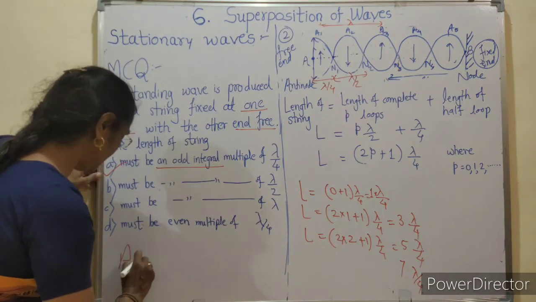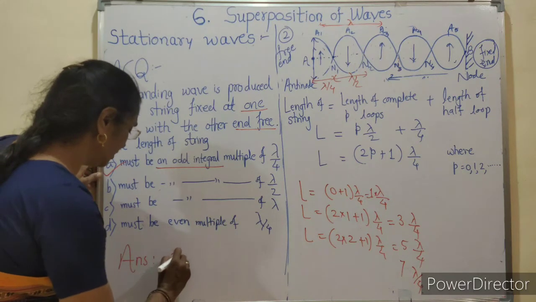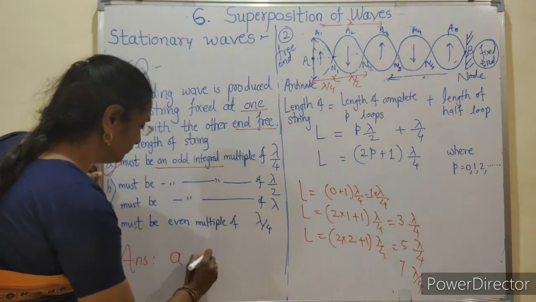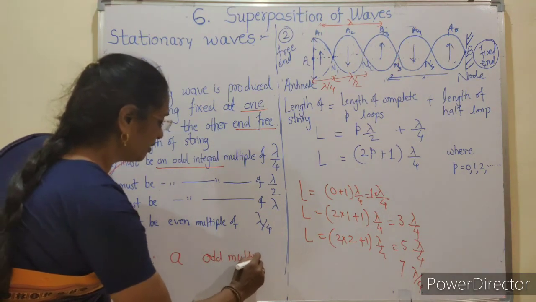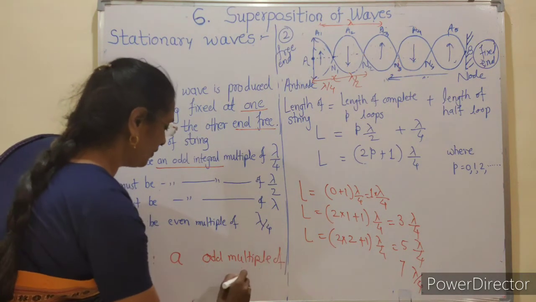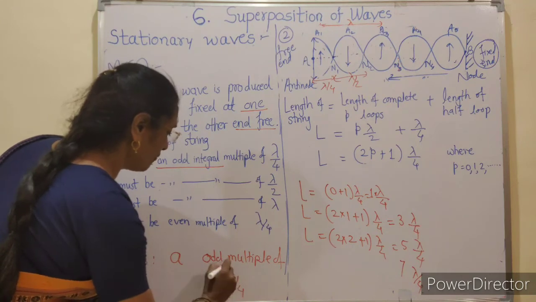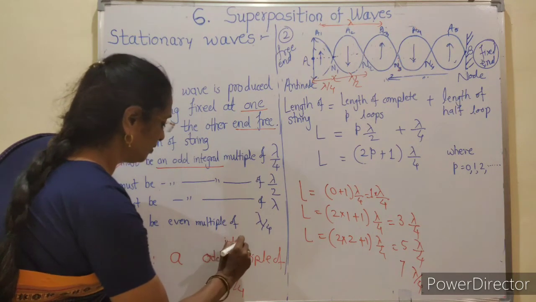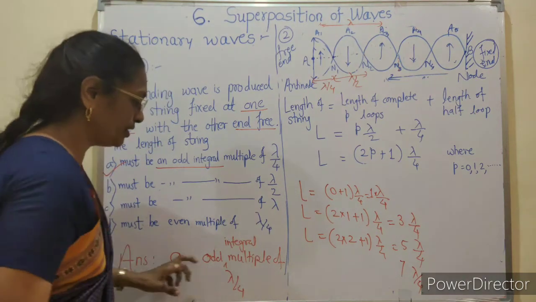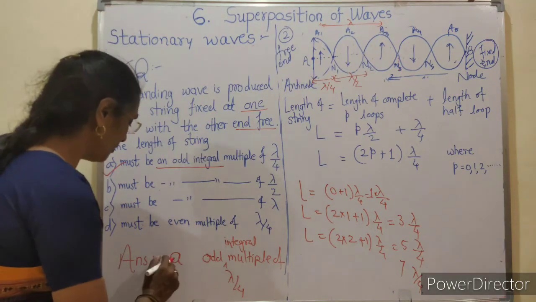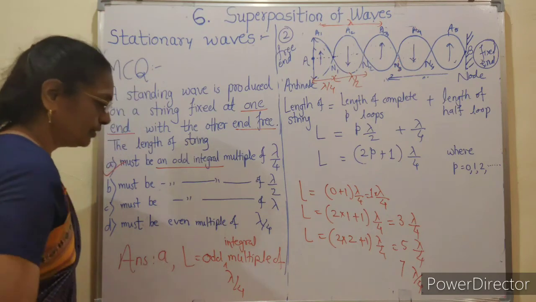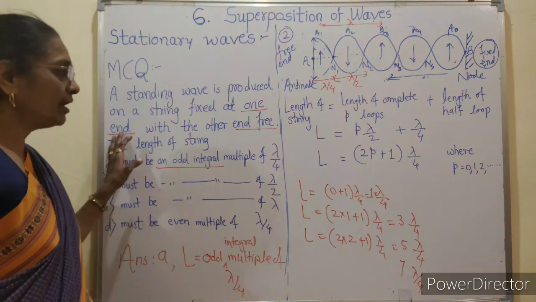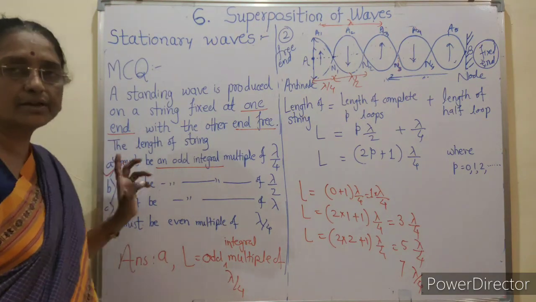So the answer here is A, an odd integral multiple of lambda by 4. Of course it is integral. We select the answer as A.